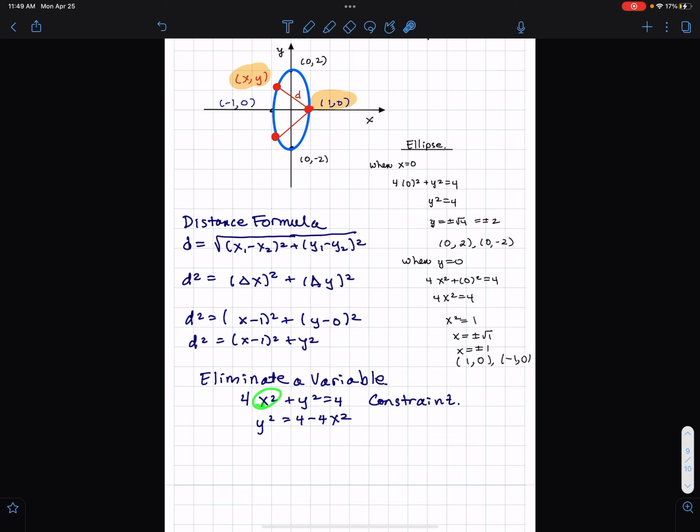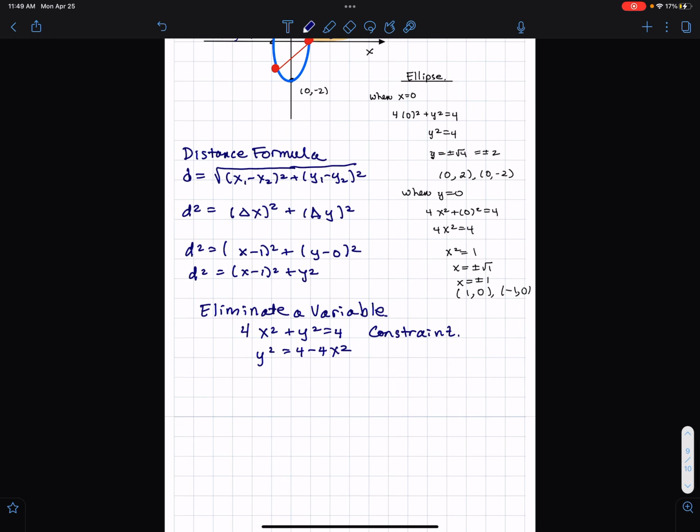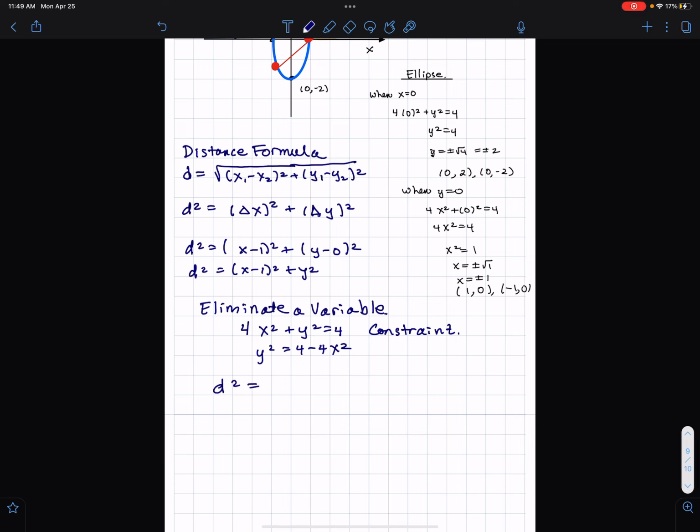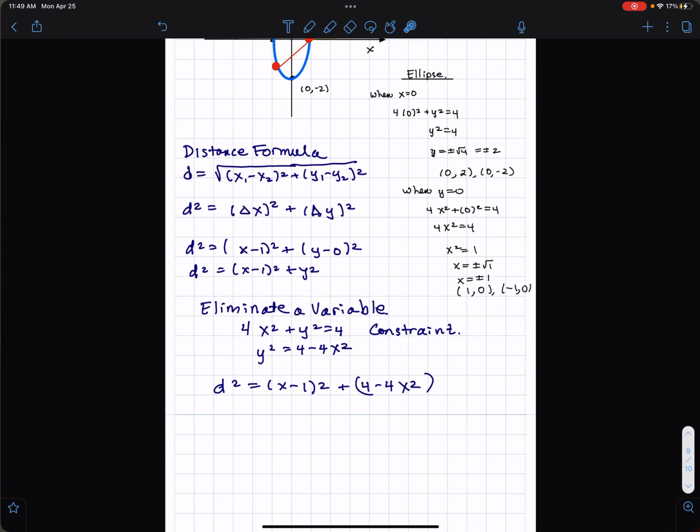So I might come to the next problem where it's better to eliminate x. Look at the problem and see which one is the more natural one to eliminate, x or y. Sometimes it makes no difference at all. But here's y squared again, and I just solve for y squared as 4 minus 4x squared. I didn't have to take a square root because it has y squared right there.